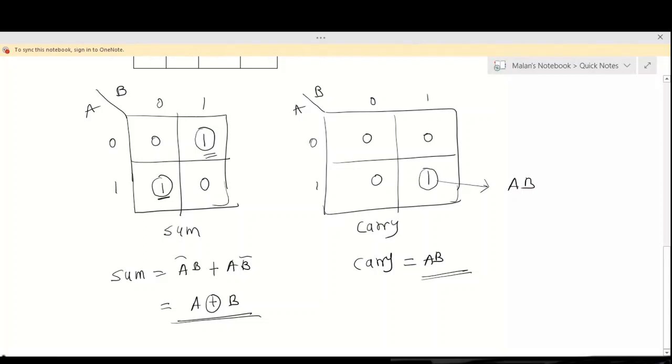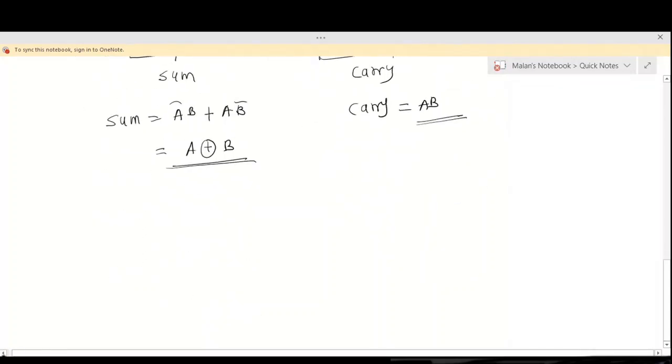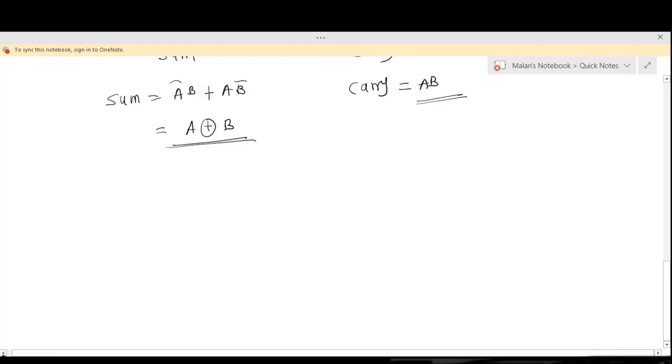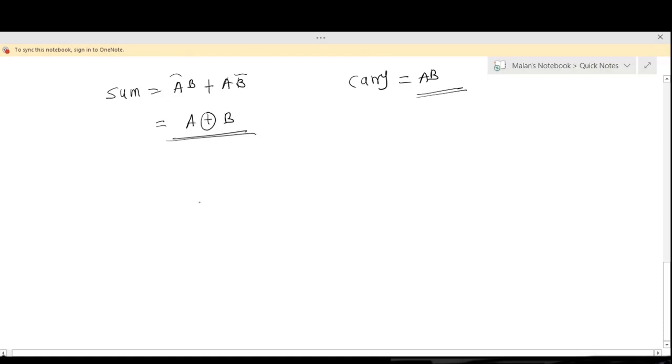Once we identify the simplified expressions, my next task is to design the logic diagram. First we'll draw the logic diagram for the sum. The XOR operation is performed on the two inputs A and B, so I can use the XOR gate. The inputs given are variables A and B. The output generated is A XOR B, which is nothing but the sum.